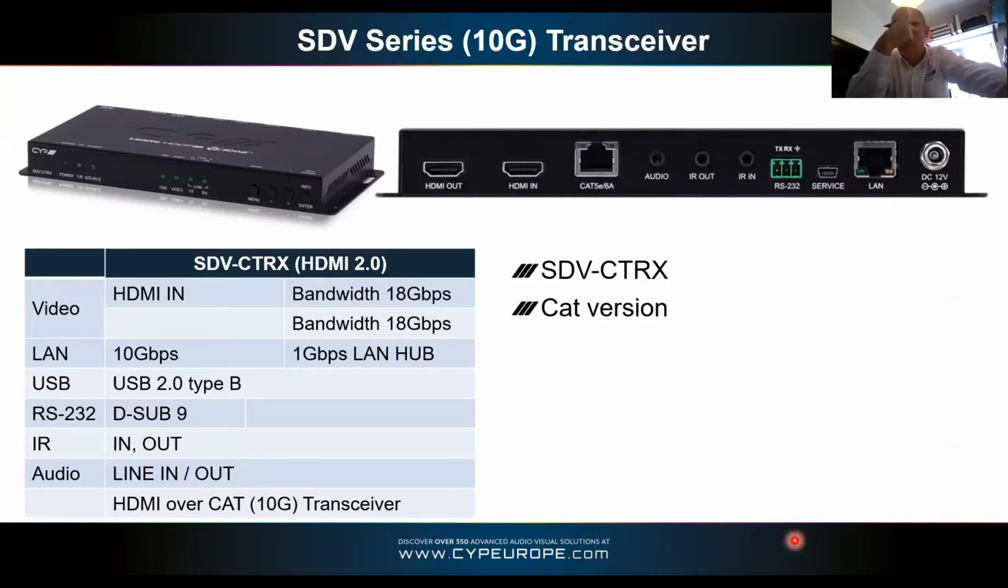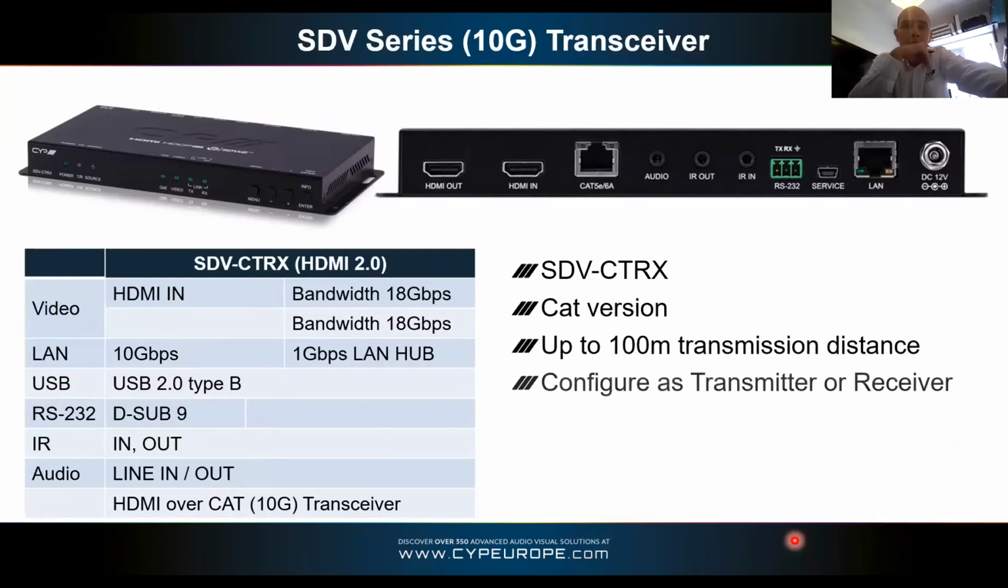Looking at the CTRX, this is the back of the cat version, and that would be up to 100 meters transmission distance either side of the network switch. And again, that can be configured as a transmitter or receiver within the control interface. That's HDMI in and out.